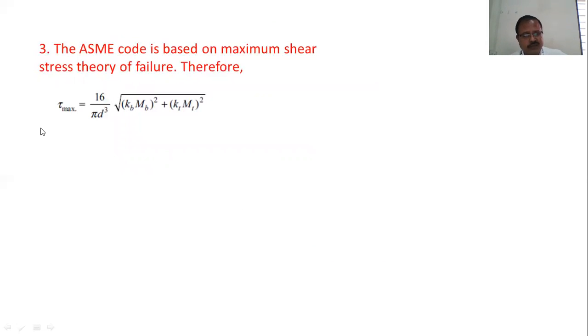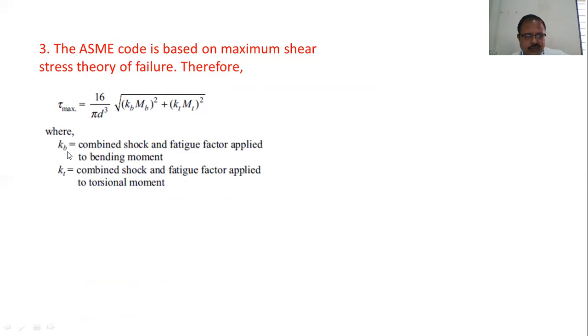The previous equation was tau max is equal to 16 upon pi d cube under root of Mb square plus Mt square. But in order to account for the fluctuating loads, Mb should be multiplied by Kb and Mt should be multiplied by Kt. Therefore, the equivalent twisting moment, this term under root of Kb into Mb whole square plus Kt into Mt whole square, is a new equation for the equivalent twisting moment.